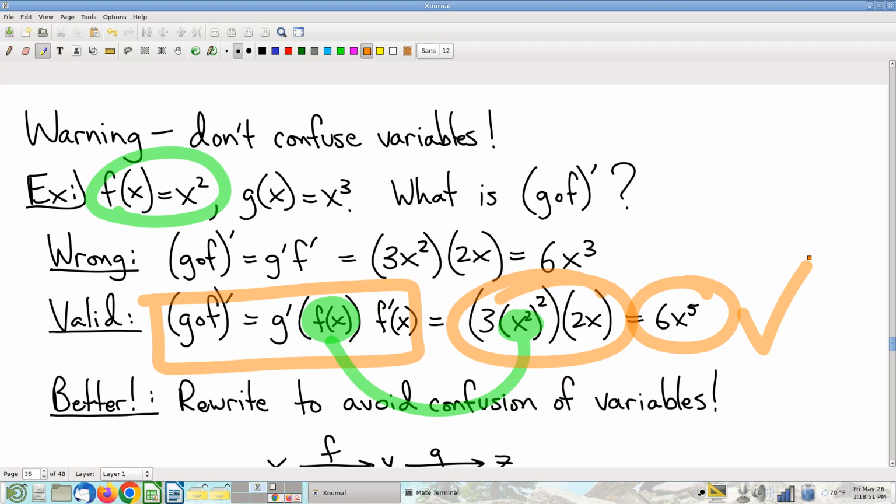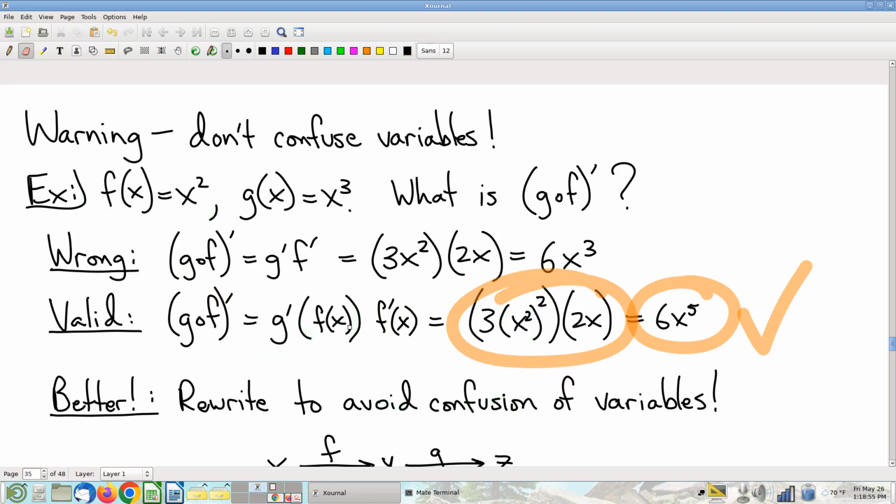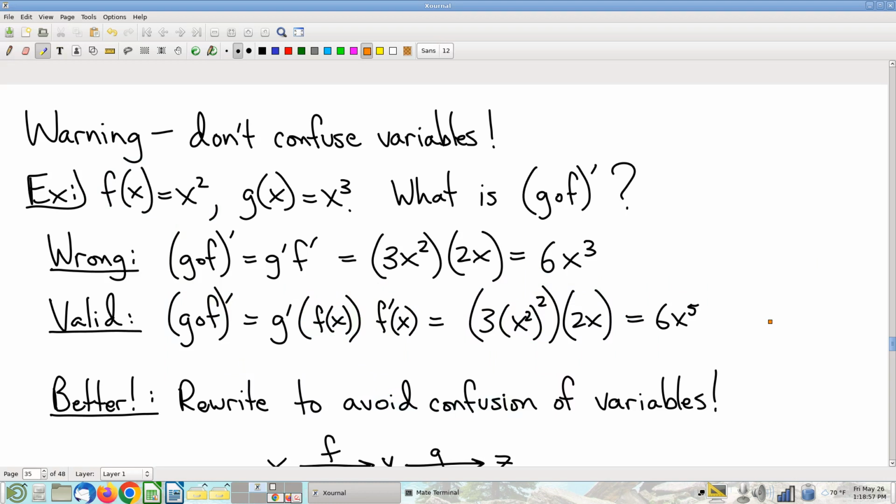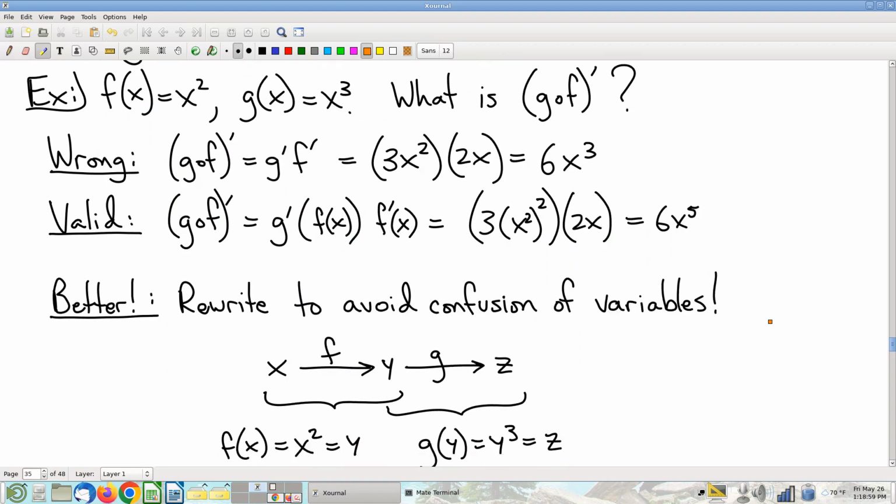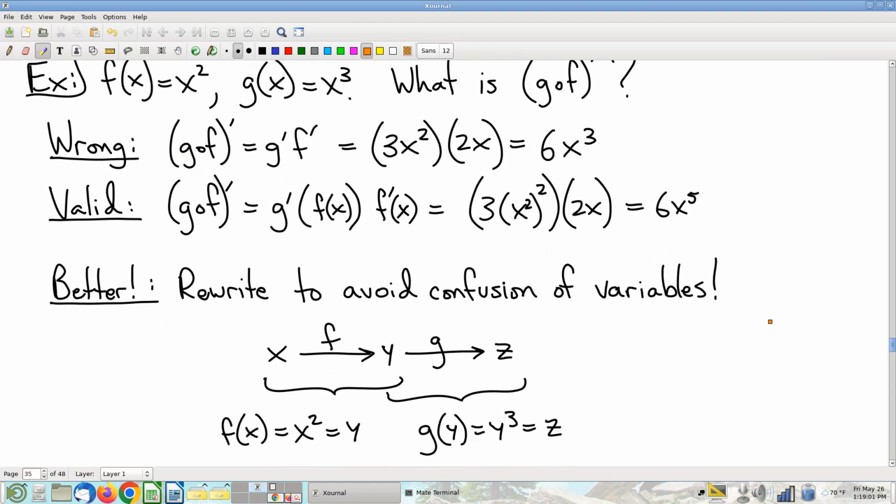Right? That's scary. So here's what I propose is really just a much better solution as follows. Let's just recognize that while there's nothing really wrong with how these functions were given to me, as soon as I realized I was composing them, I kind of needed to rewrite these functions.